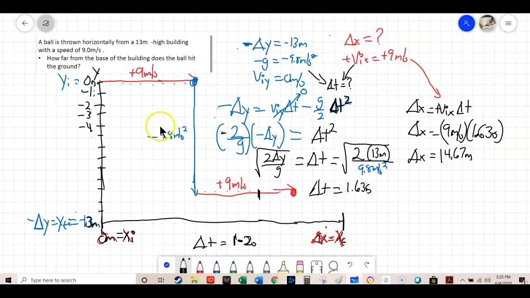So basically, here's what you do. You kind of sketch out the motion of it and try to put the actual relative scale of things in here. And when you do that, by me putting that it's falling only 13 meters, but its initial velocity is 9 meters in 1 second, that means 9 meters is really far, right?